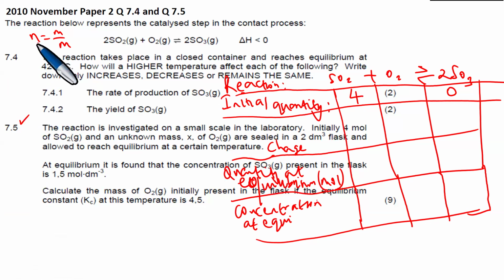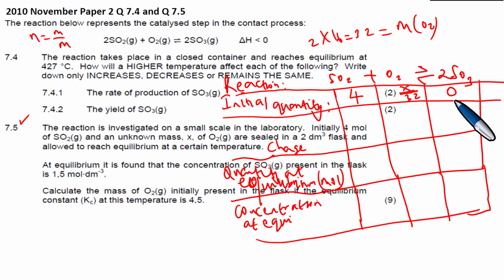So the number of moles is mass over molar mass, and this mass is X. What is the molar mass of oxygen? It's O2 we're dealing with, so it is 2 times 16, which is 32, the molar mass of oxygen, so X over 32. And then this one is 0. In the beginning, there was no product, only the reactants.